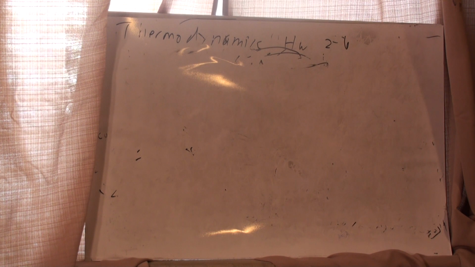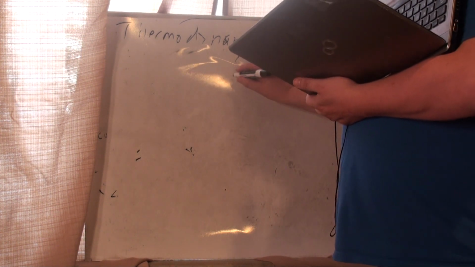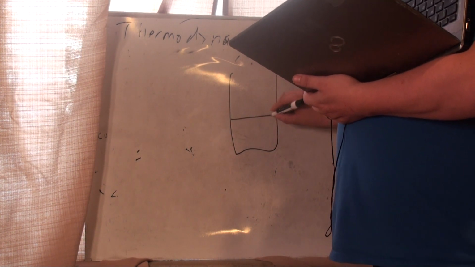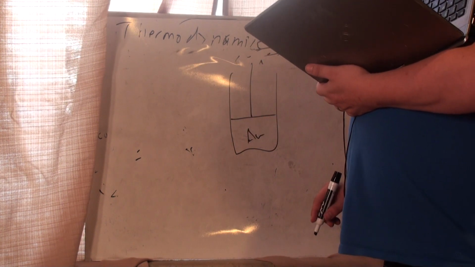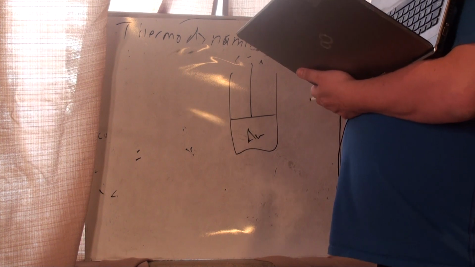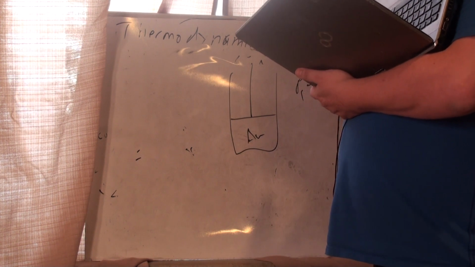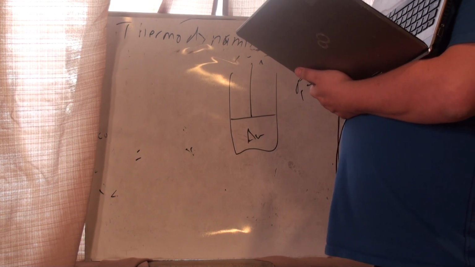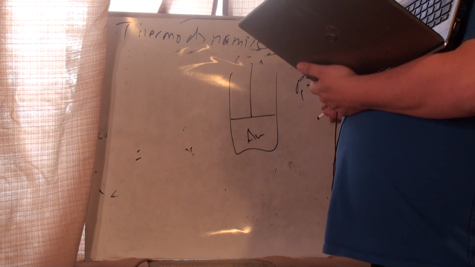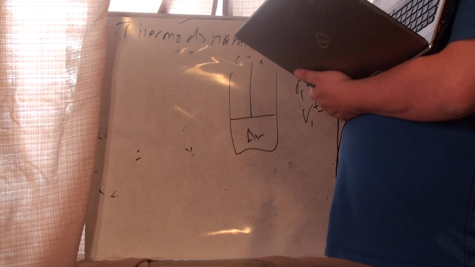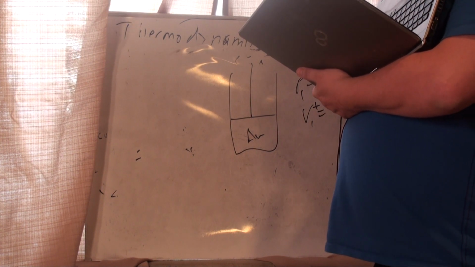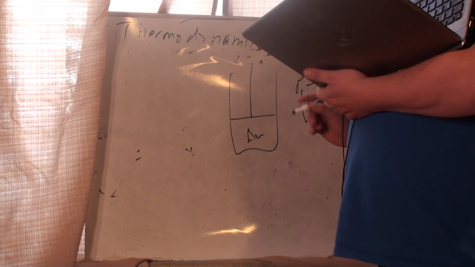Now, let's say I have 2 moles of argon in a piston cylinder. So I have a piston cylinder, we've got argon in here. Initially at 1 bar, so P1 equals 1.0 bar, and the volume is, so V1 total is equal to 30 centimeters cubed.